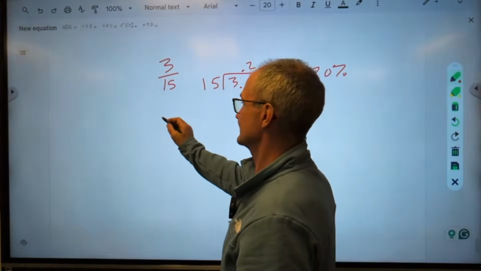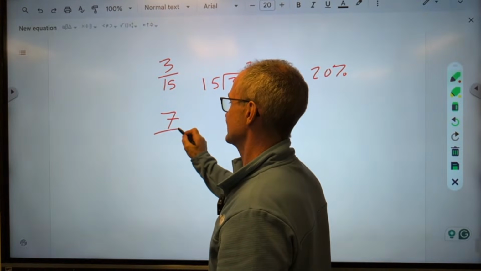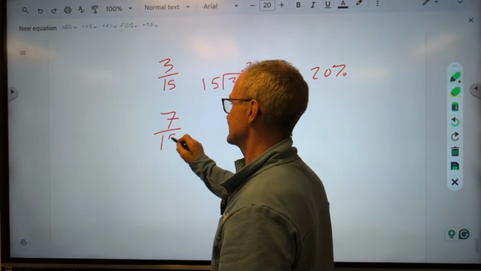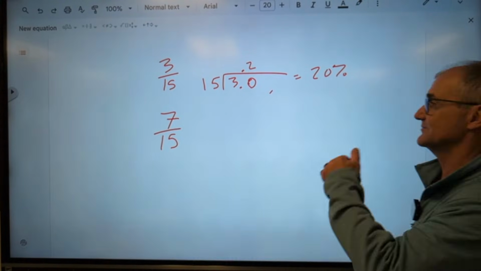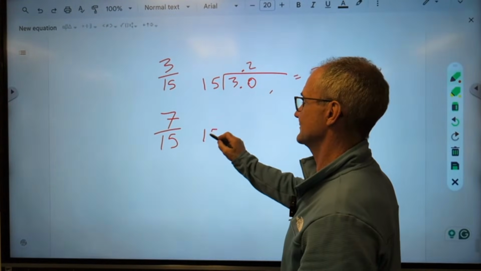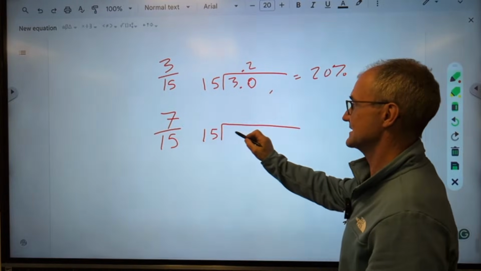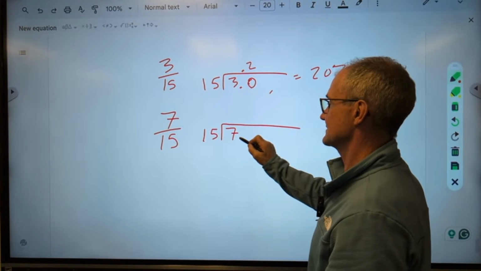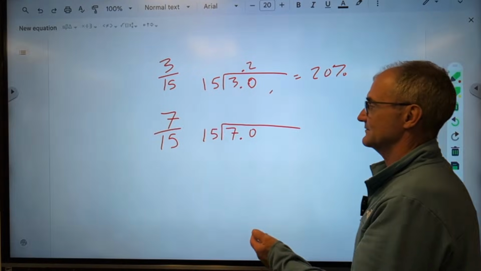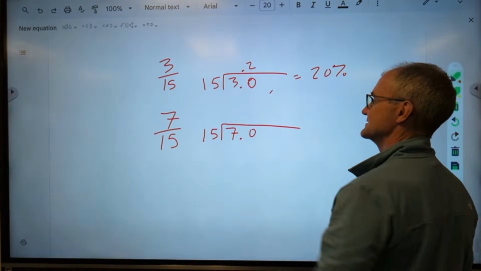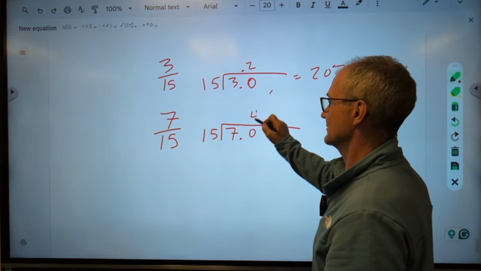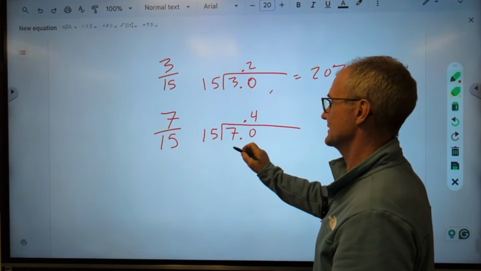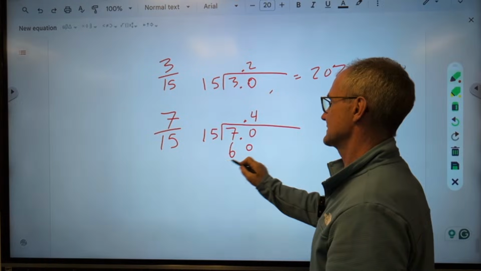Let's make up another one here. What is 7/15 as a decimal? Fraction falls over. How many times does 15 go into 7? It doesn't, so I go 7.0. 15 times 5 is 75. So 15 times 4, decimal is going to be here, is 60.